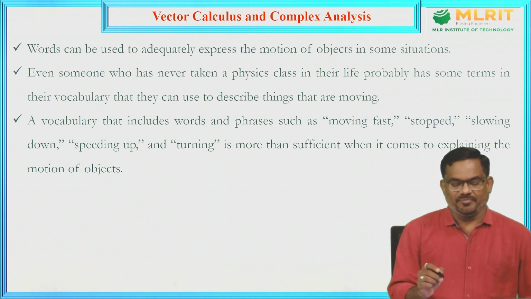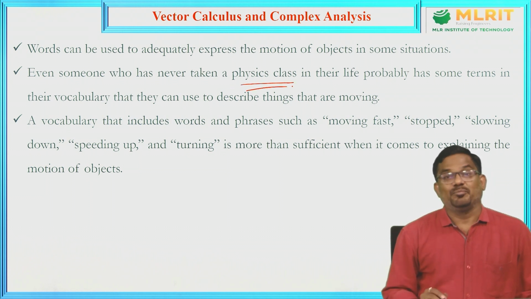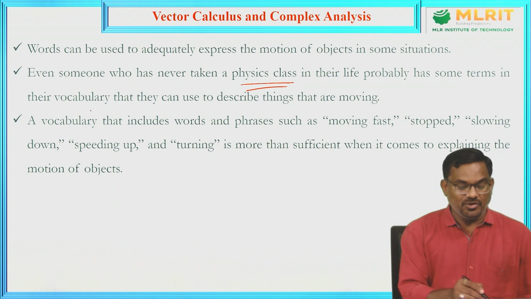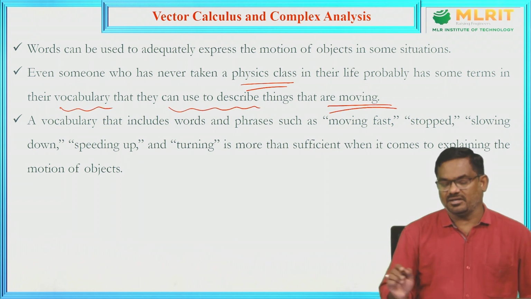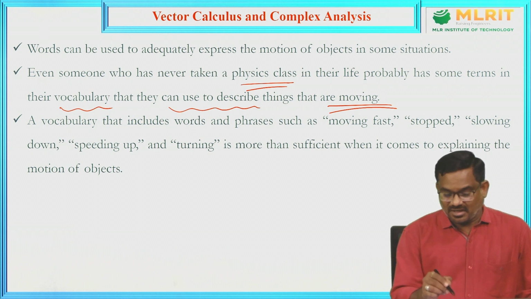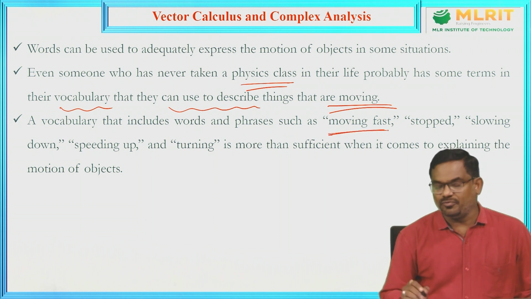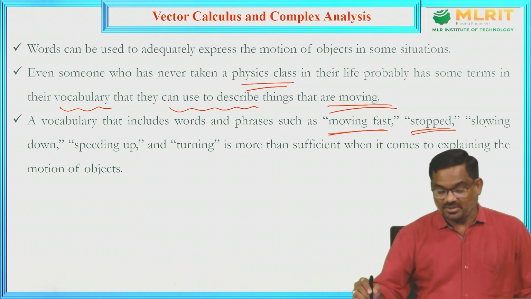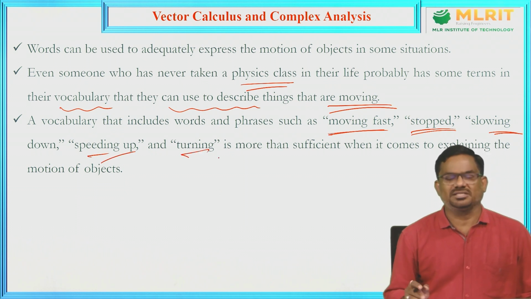For example, a person who has never taken a physics class still has a vocabulary to describe things that are moving, including words or phrases such as move, fast, stop, slowing down, speeding up, turning, etc. All these come under explaining the motion of objects.